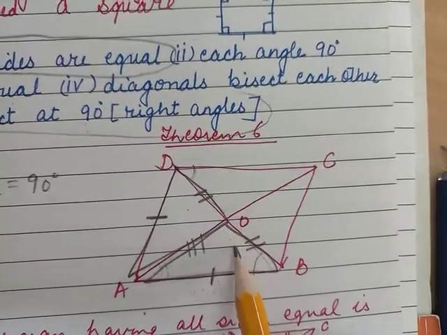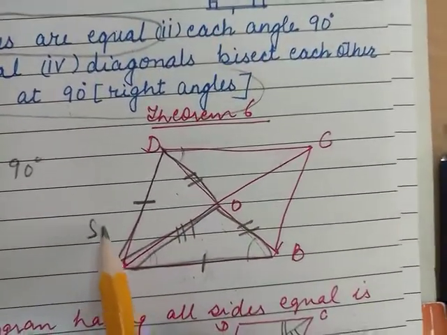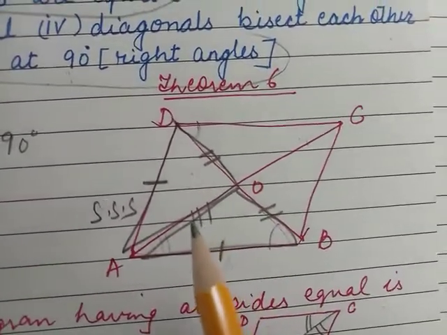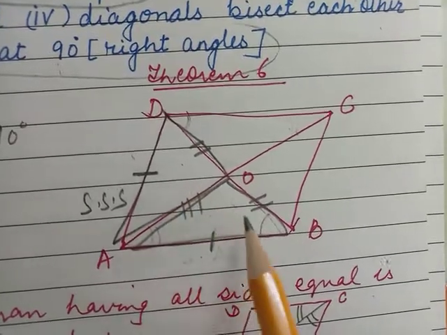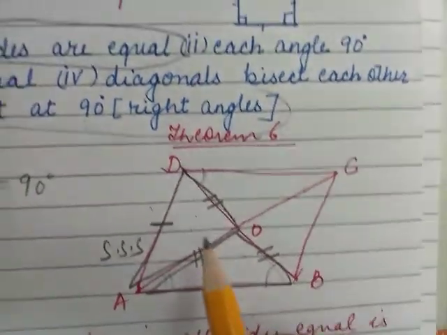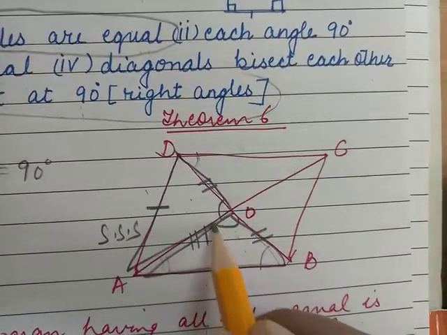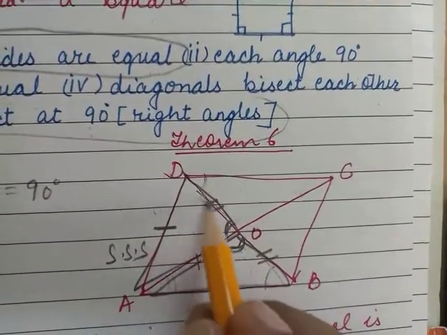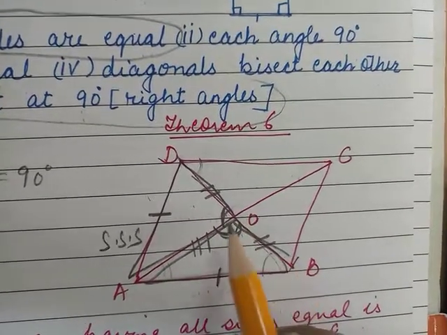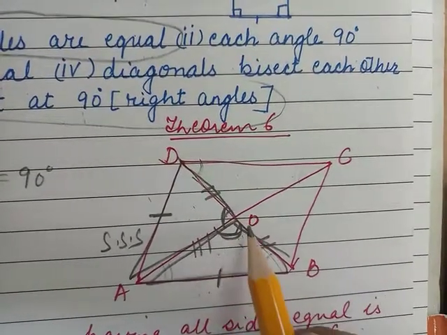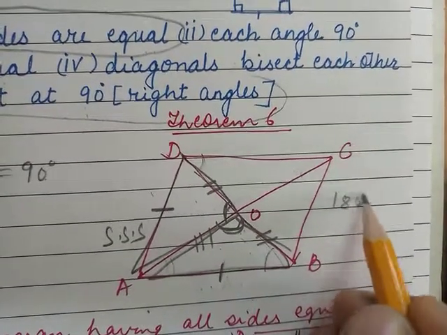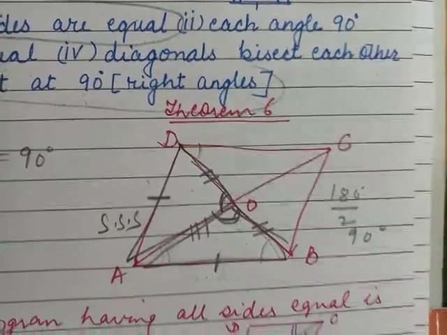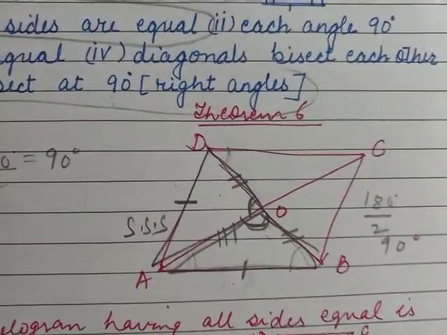Therefore the two triangles become congruent under the condition of triple S. Therefore these two angles will become equal. If these two angles are equal and they form a linear pair, therefore each will become 180 by 2, that is 90 degree. Hope you have understood the theorem number 6.